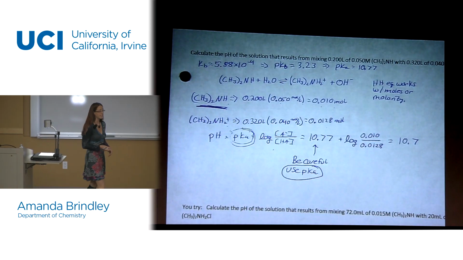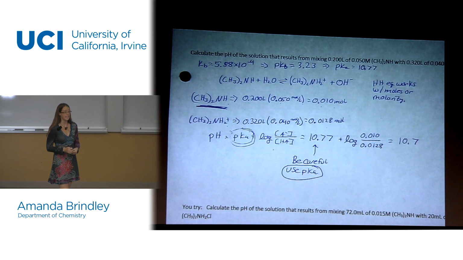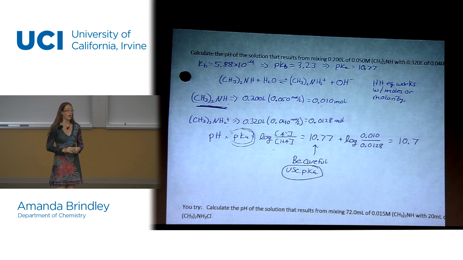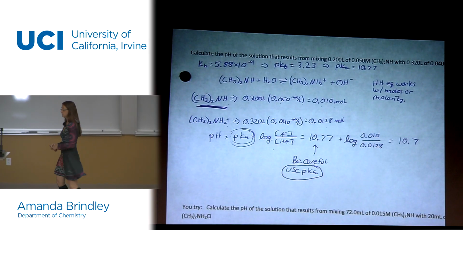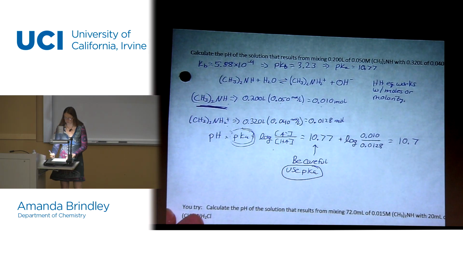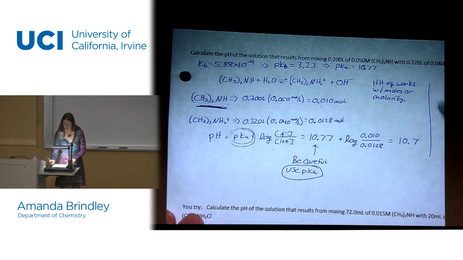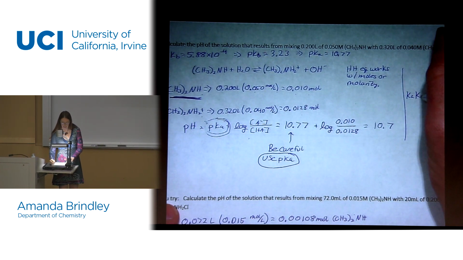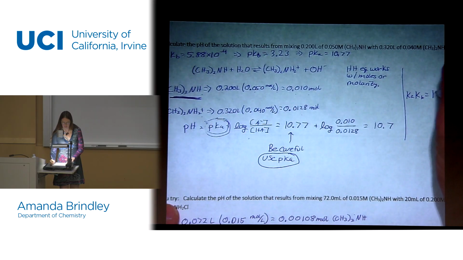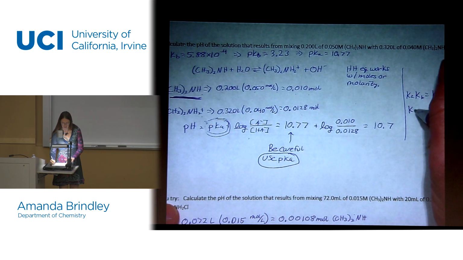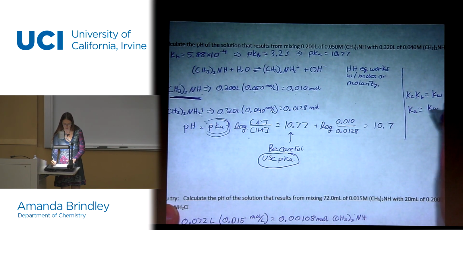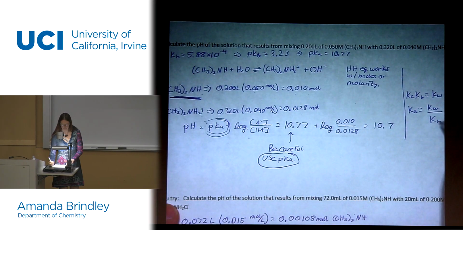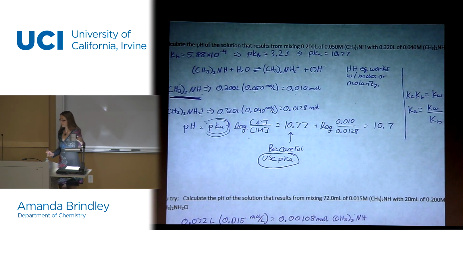And that's what you're going to find the K for. And you're going to find that that is Kb. And so how do you convert it into Ka? Let me write this over here, since I didn't explicitly write it out. Ka times Kb equals Kw. So Ka is equal to Kw over Kb.